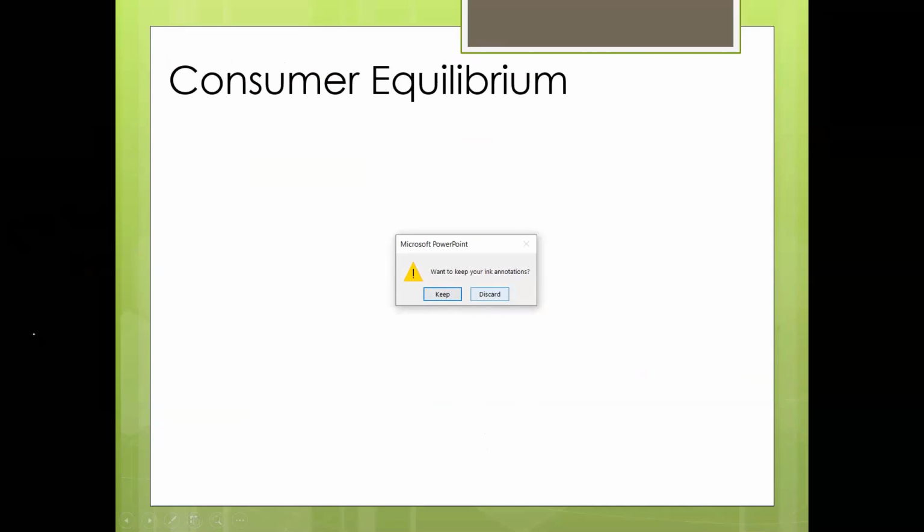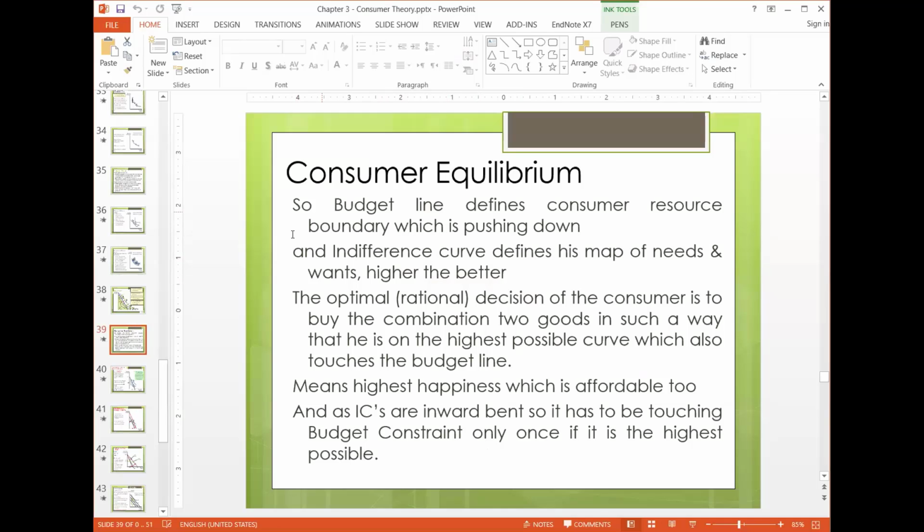This is the discussion that we did today: our budget line is the customer's resource and it is pushing us down because resources are scarce. The indifference curve is the map of needs, and we try to go to a higher point. So the optimal decision depends upon both curves.